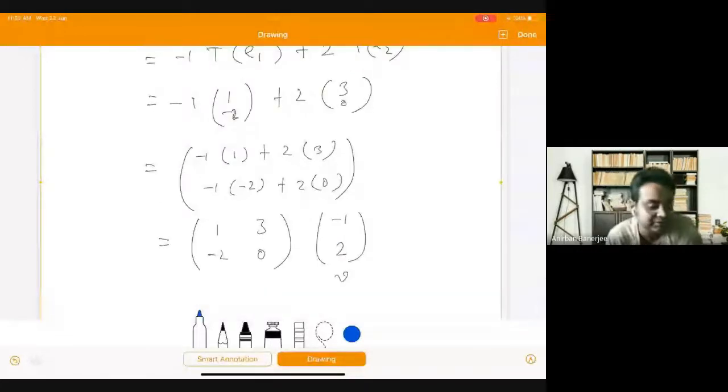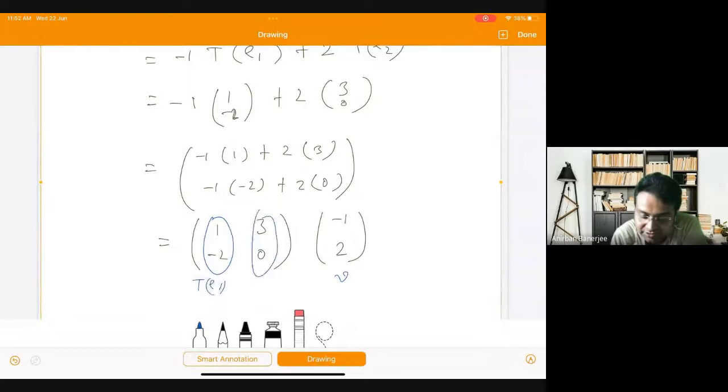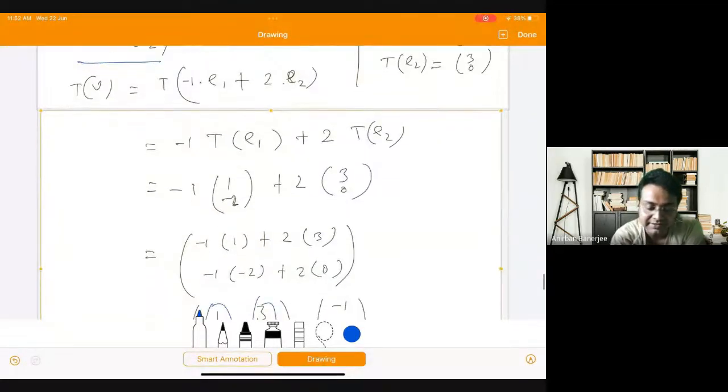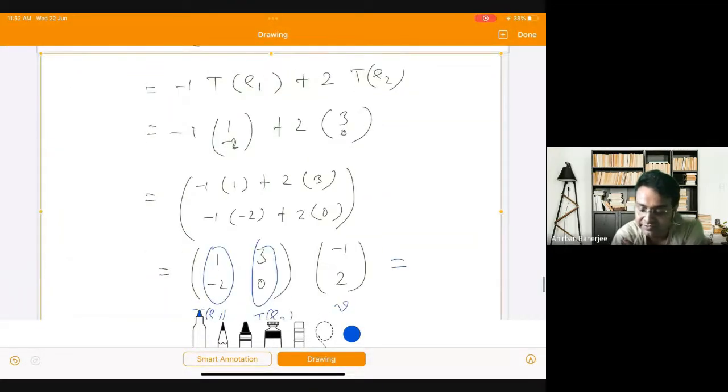And here, this portion is actually nothing but T of E1, and this portion is nothing but T of E2, right? And what we get is TV.